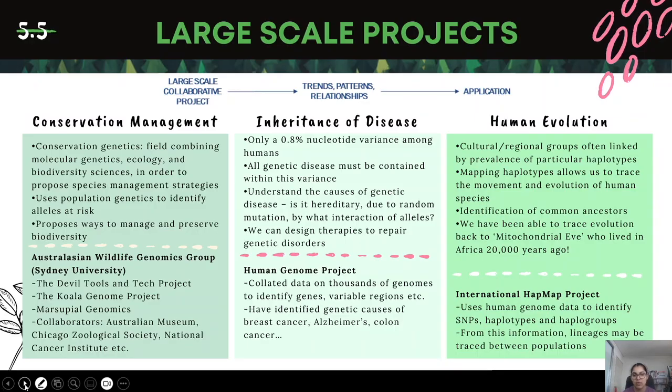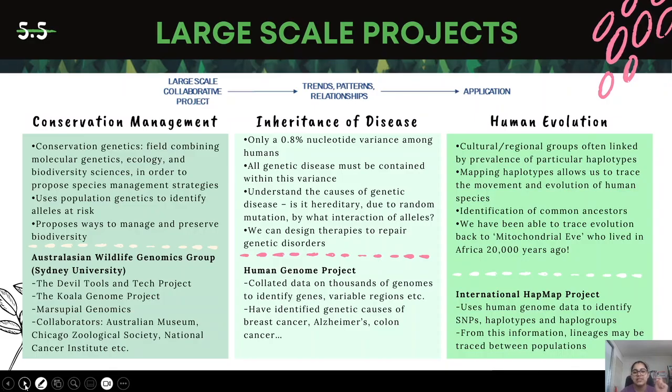Something really important is that there is only a 0.8% nucleotide variance among humans. That means there's very, very little variance in humans. But it's still enough, because we are surviving in the natural environment.